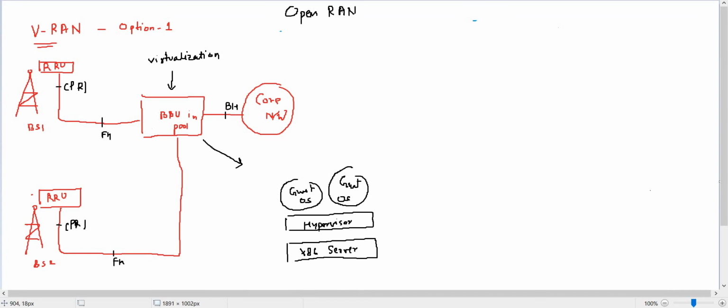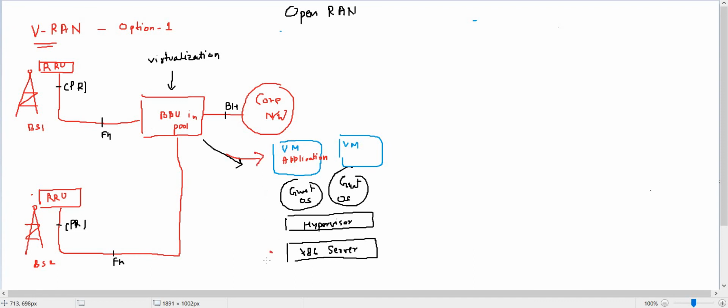On those guest OSs we will install virtual machines, and in that virtual machine we are going to install an application that will act like the BBU.